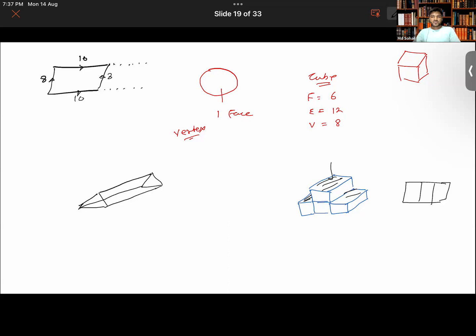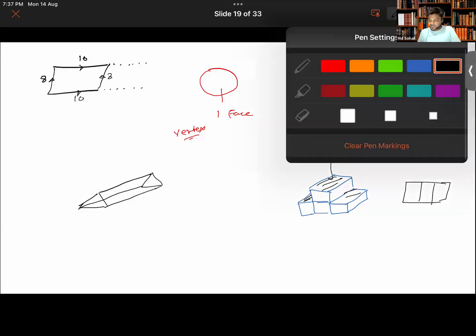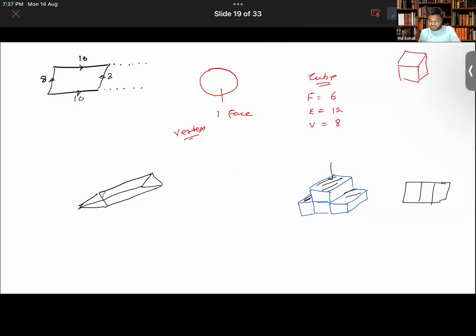So see, for example, in this prism here, you are seeing that a prism is a solid whose 2 faces, basically the base and the top, are congruent polygons here. And the lateral faces are parallelograms here. So see this front face, if you guys are able to visualize it.